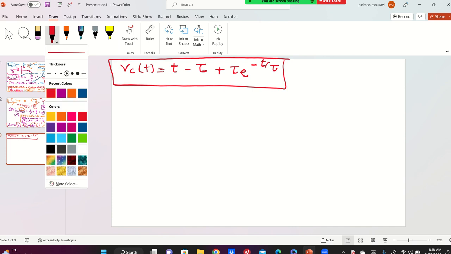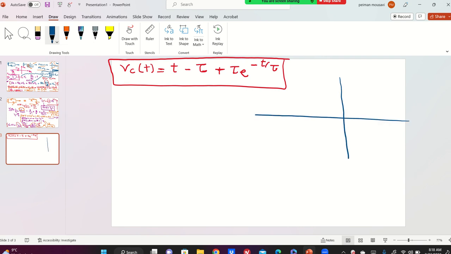So let me plot this to see how it behaves. Voltage of capacitor versus time. When time is 0, guys, Vc at time 0 is going to be 0 minus tau plus tau.